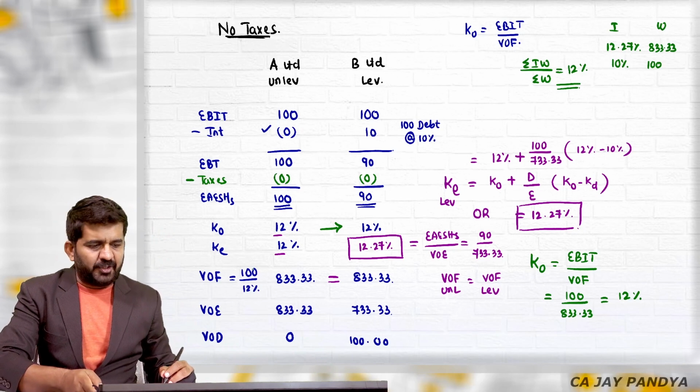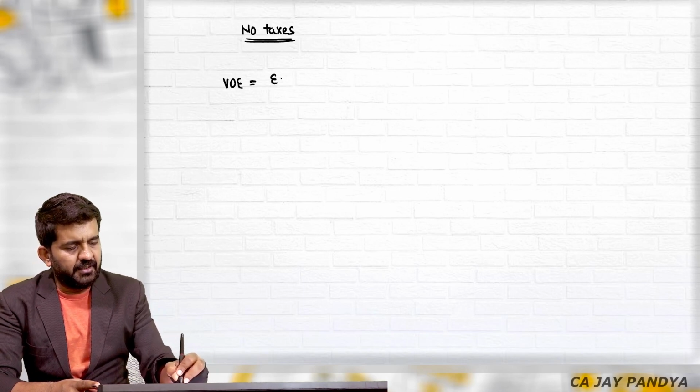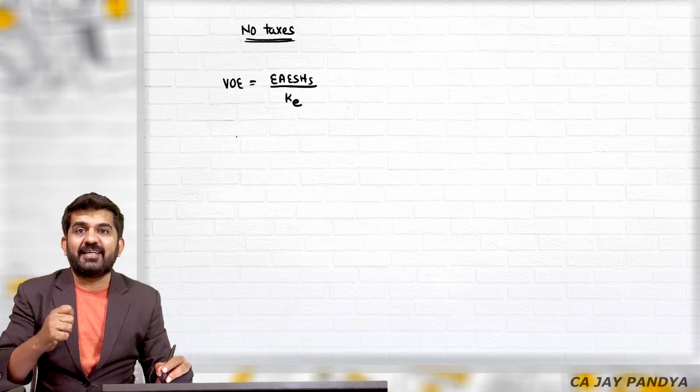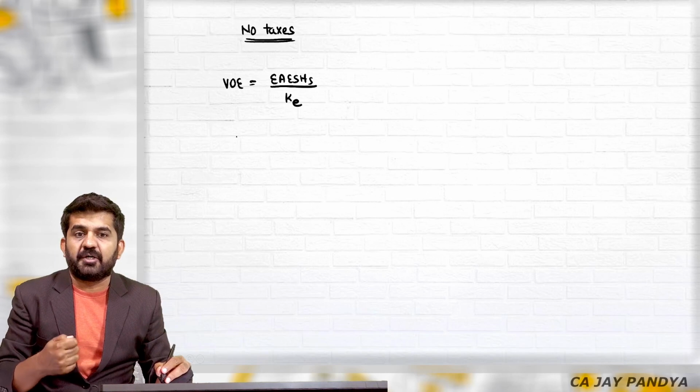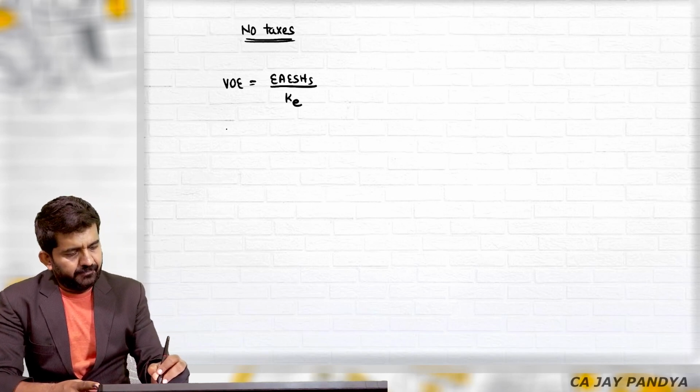So when there are no taxes, try to understand which formulas we can use. Value of equity is earnings available to equity shareholders divided by KE, or KE is equal to earnings available to equity shareholders divided by value of equity.